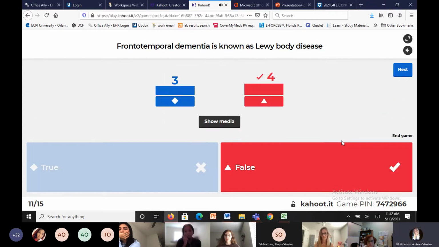So this is false. Frontotemporal dementia is also known as Pick's disease, and it's behavioral issues before cognitive issues.